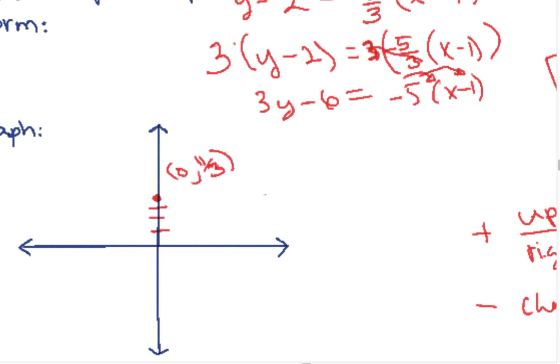So instead of going up 5 and to the right 3, I'm going to go down 5 and to the right 3. So I start over here at my point and I go 1, 2, 3, 4, 5, and then to the right 3, 1, 2, 3, and that would roughly be my point there.